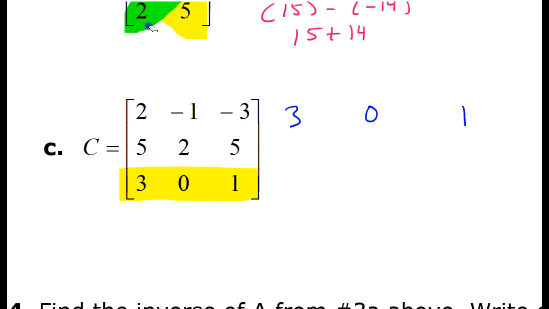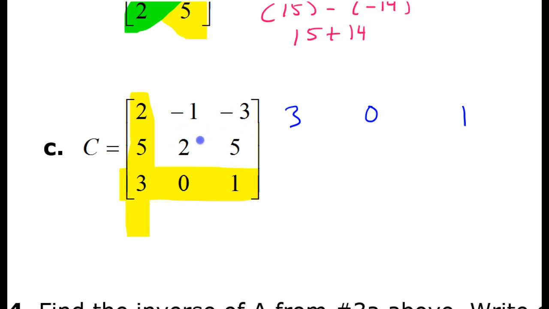Okay, so now we're going to do one more thing. Starting with the 3, let's figure out what we are going to multiply the 3 by. Because we're looking at the 3, we are going to cancel out the column that has the 3 in it.